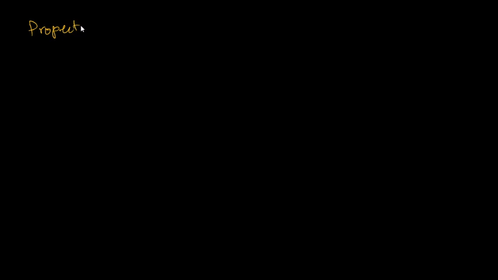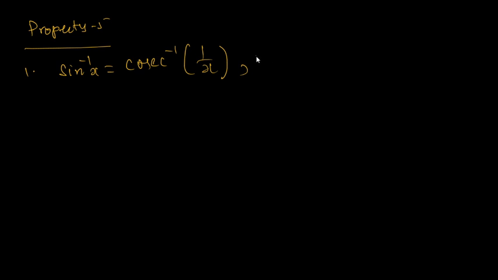Property 5. Here sine inverse of x is equal to cosecant inverse of the reciprocal of x, that is 1 by x, where x belongs to the closed interval minus 1 comma 1, excluding 0.